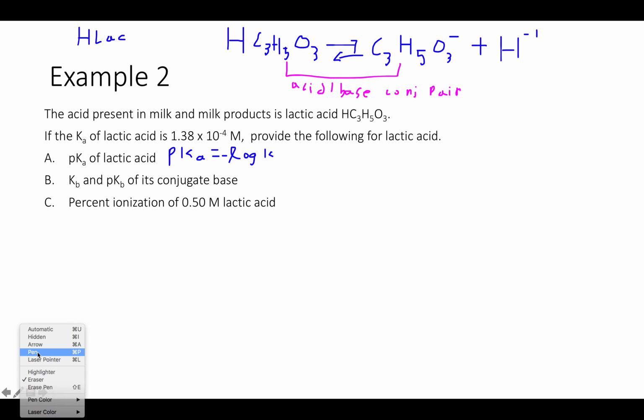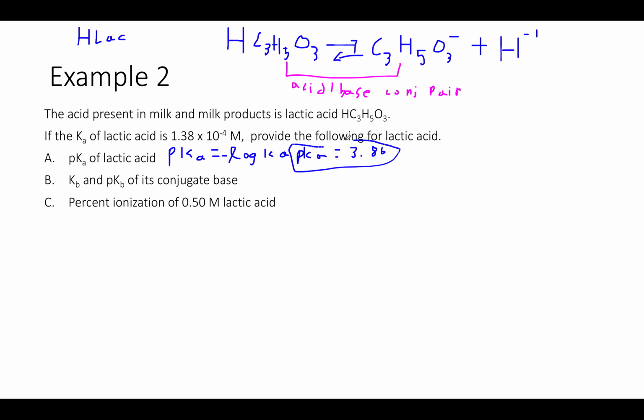So like I said, the pKa equals the negative log of the Ka. So the negative log of 1.38 times 10 to the negative 4th, we get the pKa to be 3.86. Now this is a helpful number because now I can find the pKb, and that's what it's asking, the pKb of its conjugate base.